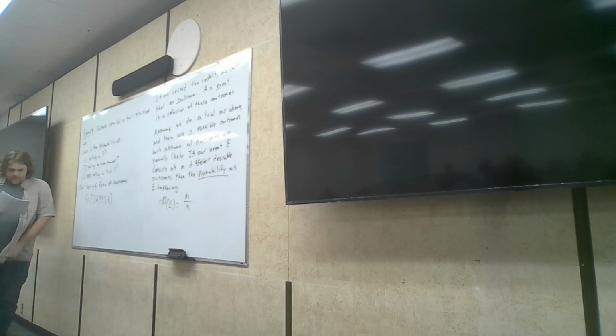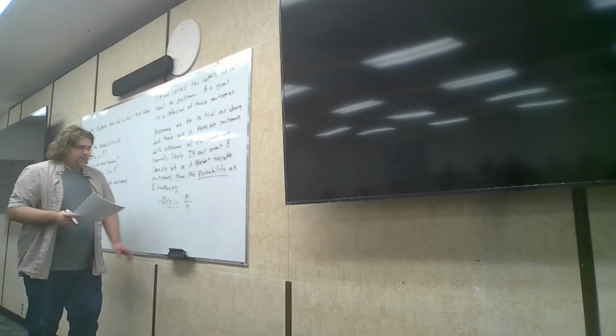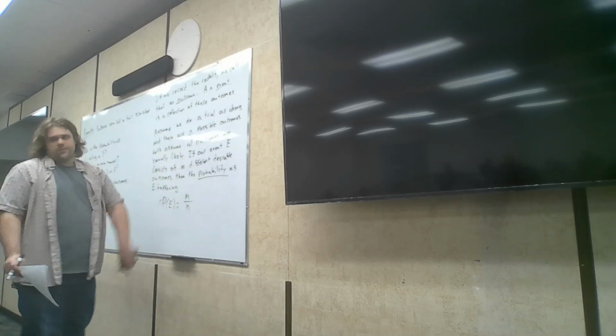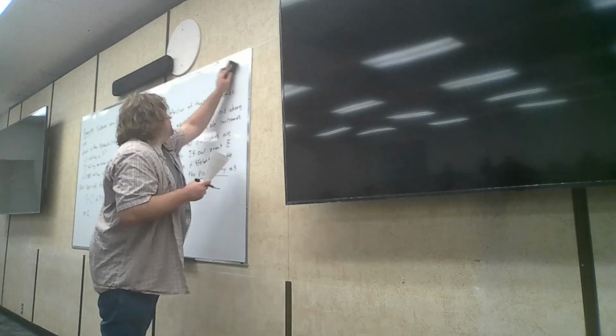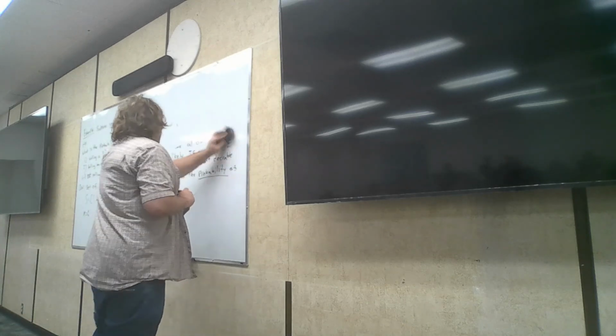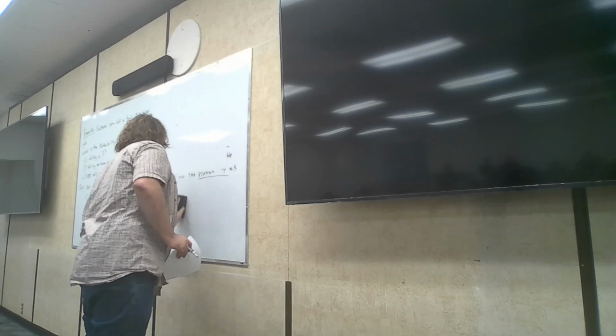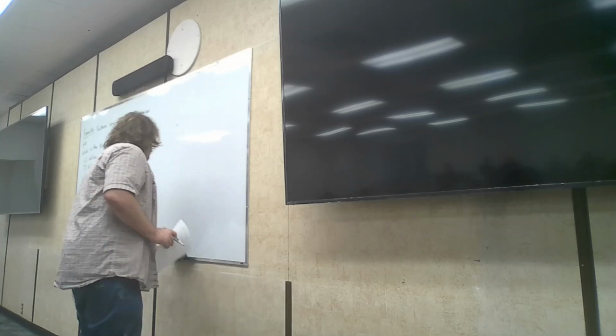So N here, possible outcomes, is 6. So now we just have to think desirable outcomes. Well, we can kind of do these in our head. They're not particularly complicated.